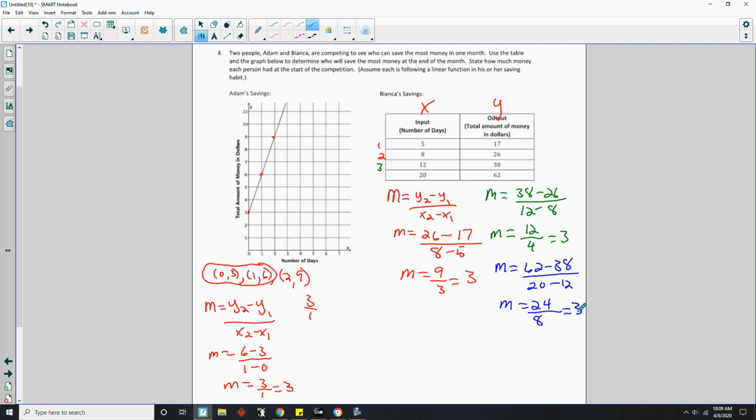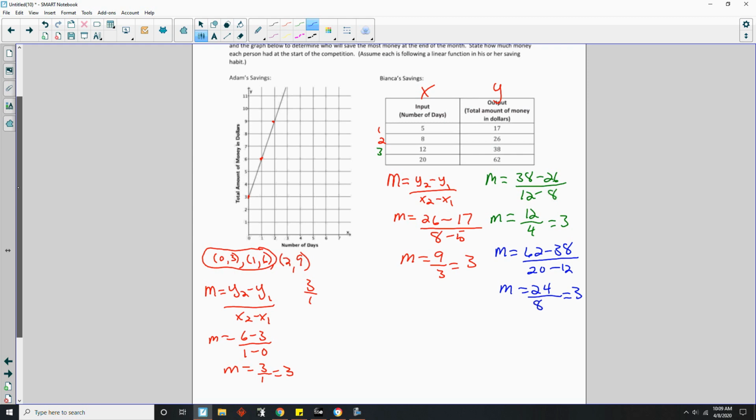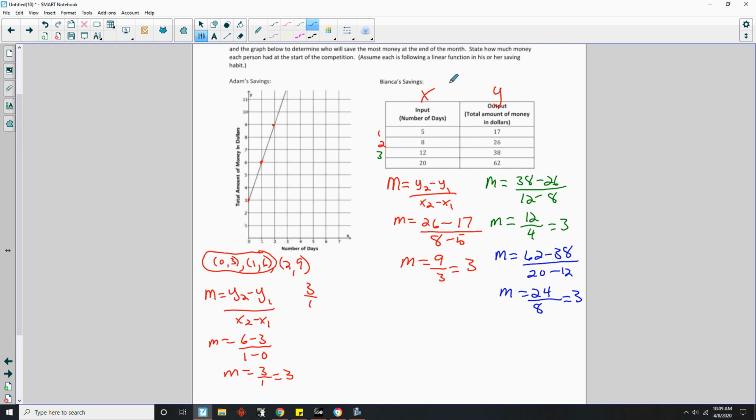Well, 24 divided by 8 is also 3. Okay, so at the end of the month, now we answer the question, who will save the most money at the end of the month? Okay, so therefore, at the end of the month, Adam and Bianca both have saved the same amount of money.